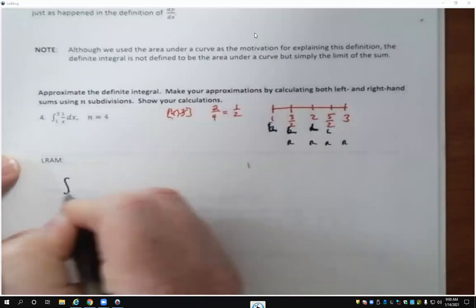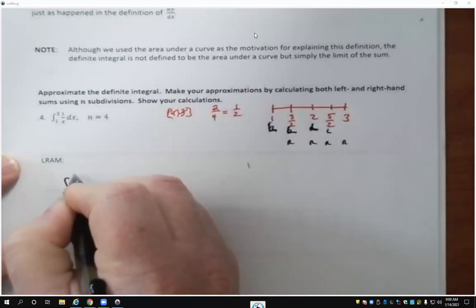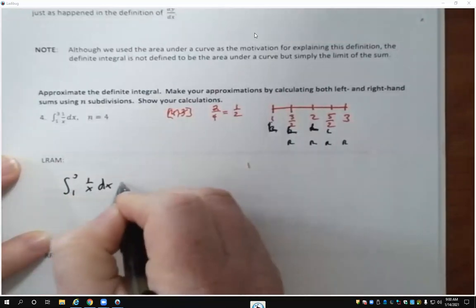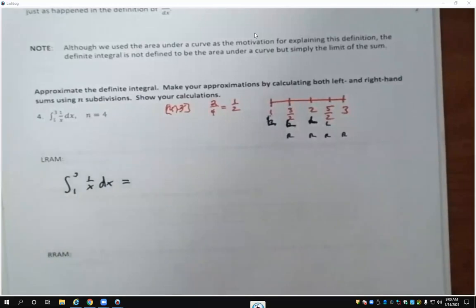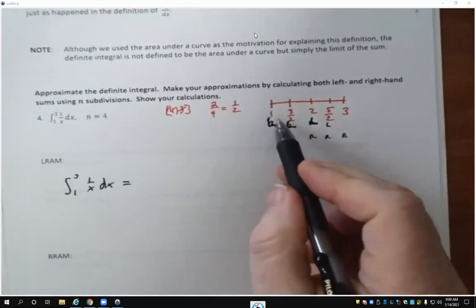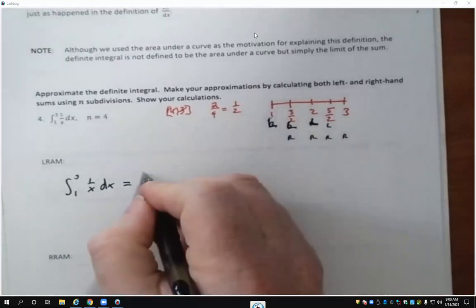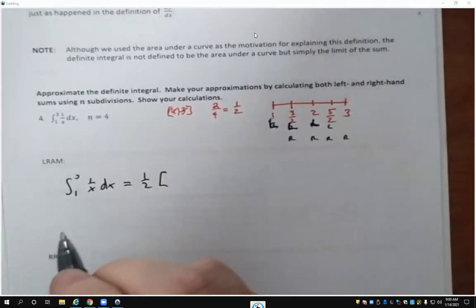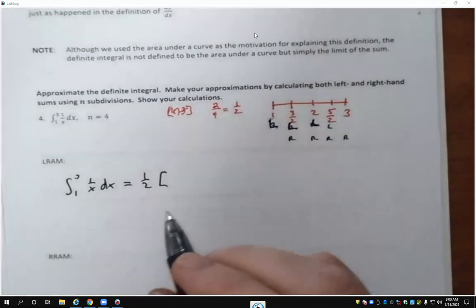The integral from 1 to 3 of 1 over x dx is equal to, all right, the base of our rectangles is 1/2, and we'll write this one out again.